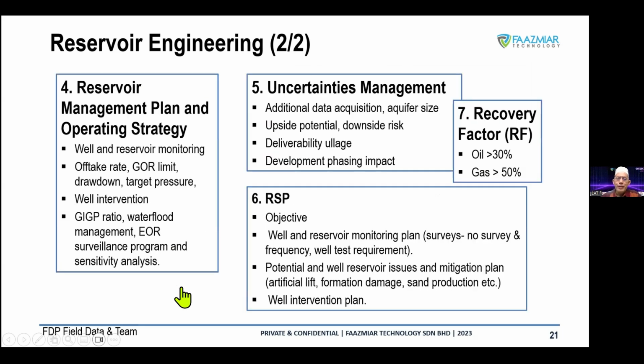Then in reservoir engineering, we also cover a very important thing, the reservoir management plan, or RMP. With reservoir management, they look from day one when they start to produce to understand the volume being produced, the pressure behavior, and any temperature changes that can happen. Then they try to understand the relationship between one well and another, because it's like a plumbing system.